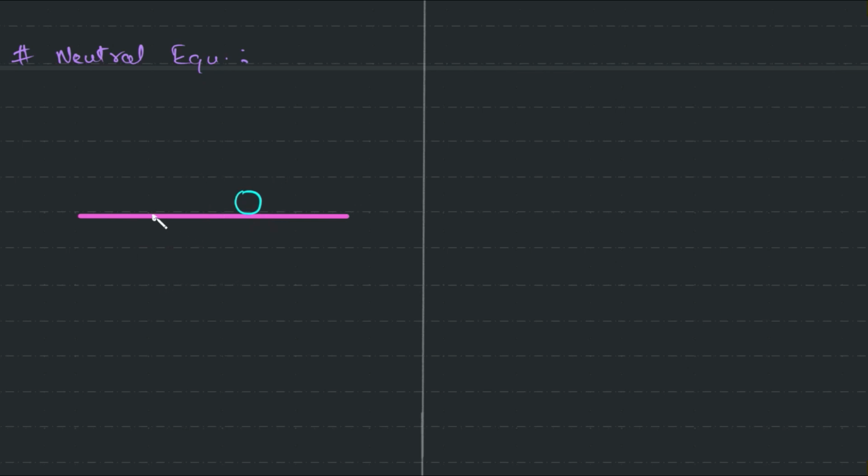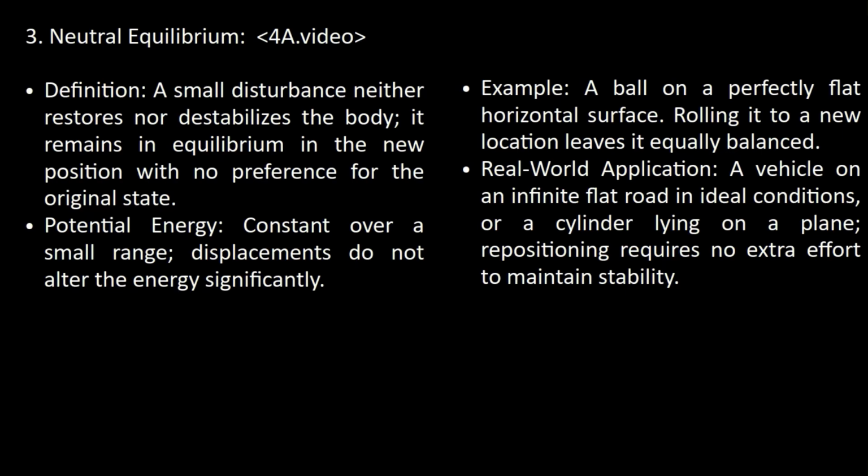So basically, point A and point B, the gravitational potential energy at point A is same as gravitational potential energy at point B. That's the whole funda, right? So that's that. A ball on a perfectly flat horizontal surface, rolling it to a new location leaves it equally balanced.